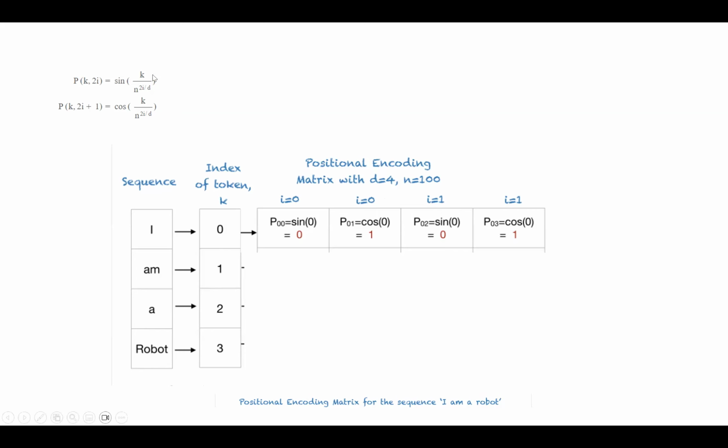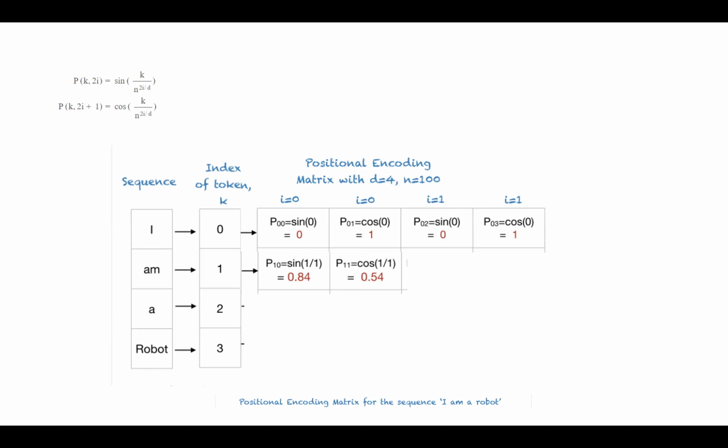When k is 1, n in our case is 100, and 2i will become 2, divided by d, which is 4. So 2 upon 4 is 1 upon 2. So therefore it will become 1. So the sine of 1 upon 1 is 0.84, cosine of 1 upon 1 is 0.54.